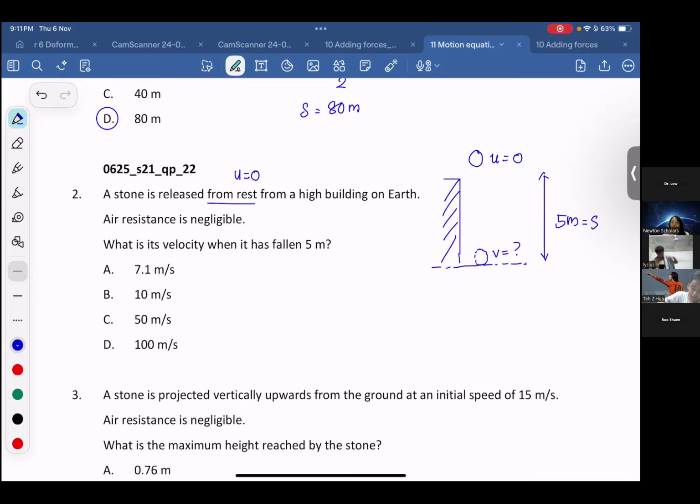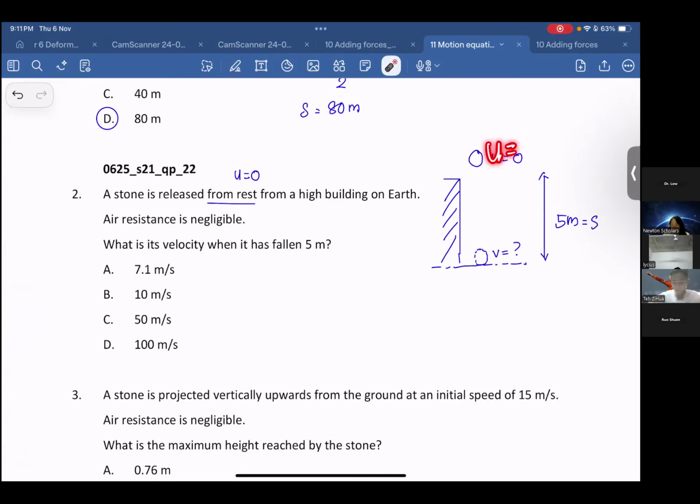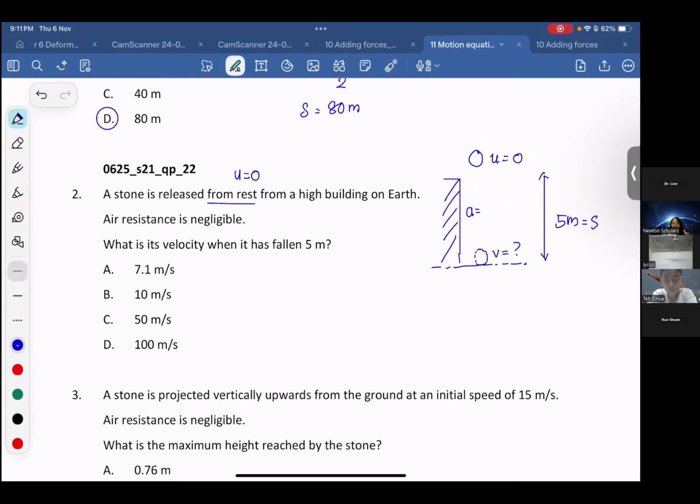We need one more piece of information. I have the U. I have the S. What is your A? Is your A positive or negative when the object is falling? Positive, 9.8 meter per second square. Why? We drop something downward, it will increase the speed. Gravity pulls and makes the speed increase.